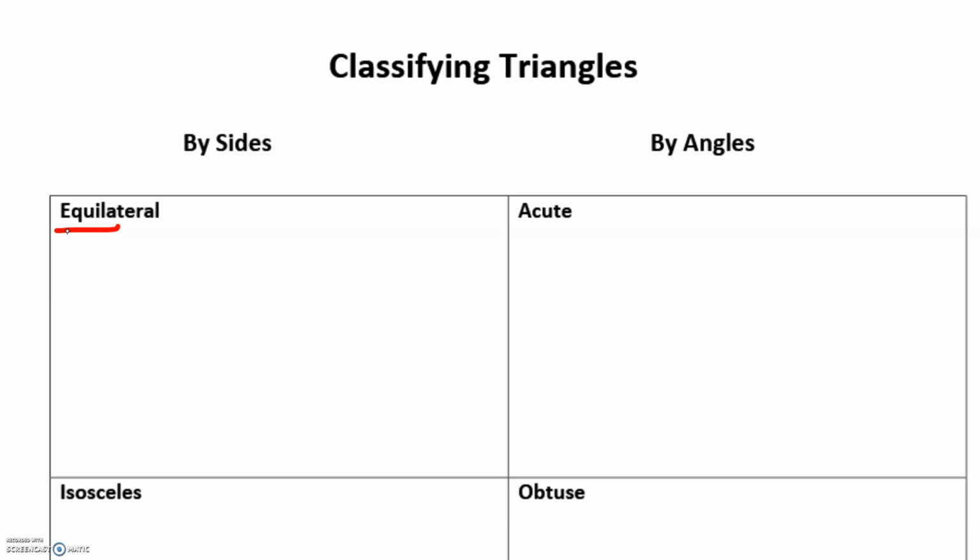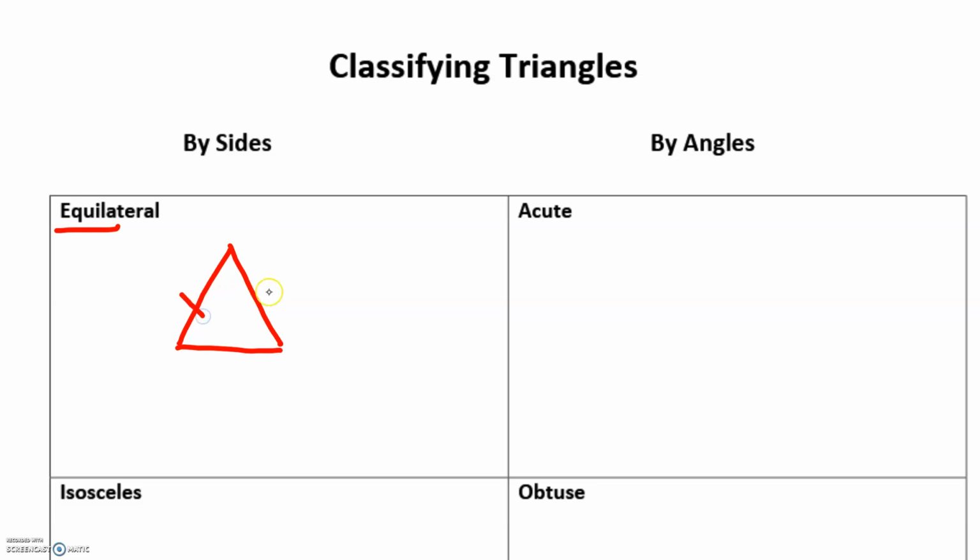Lateral means side. Remember we talked about a lateral pass being a football pass that goes off to the side. I would like for you to draw a triangle in the middle of your space and try as much as you can to make those sides the same length, because that's the definition of an equilateral triangle. It has equal sides.